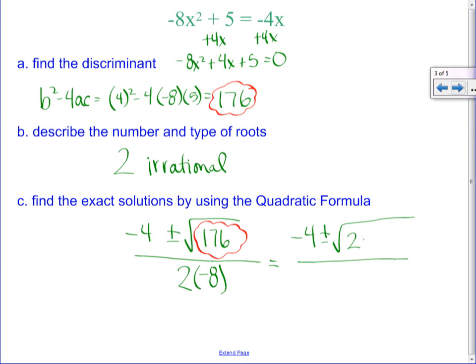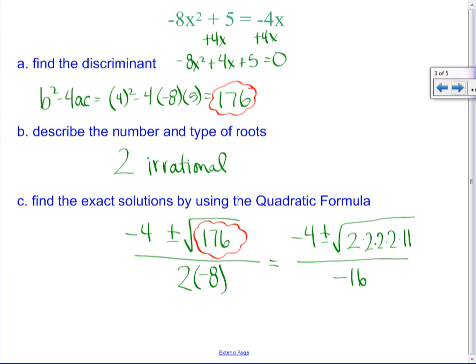What are the prime factors of that? Like that. Looks good to me. Okay, and then we got negative 16 down here, right?